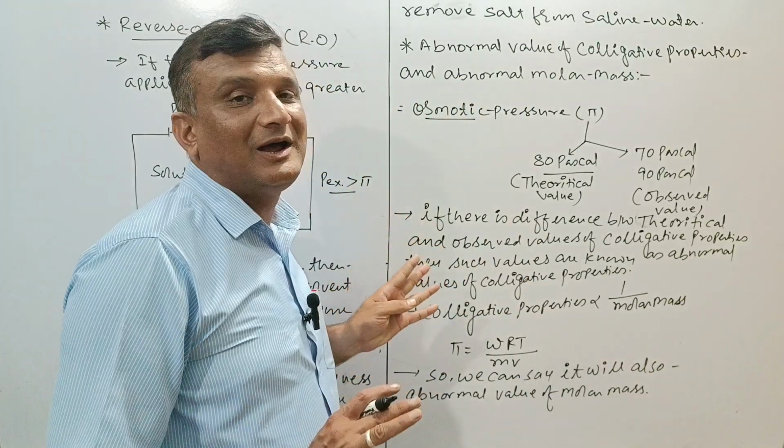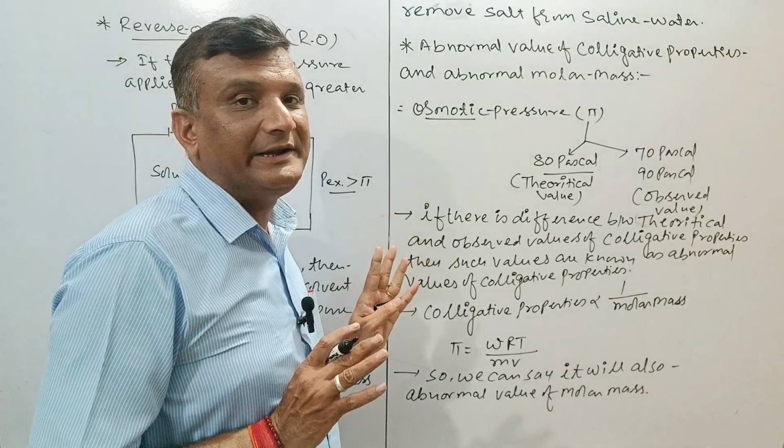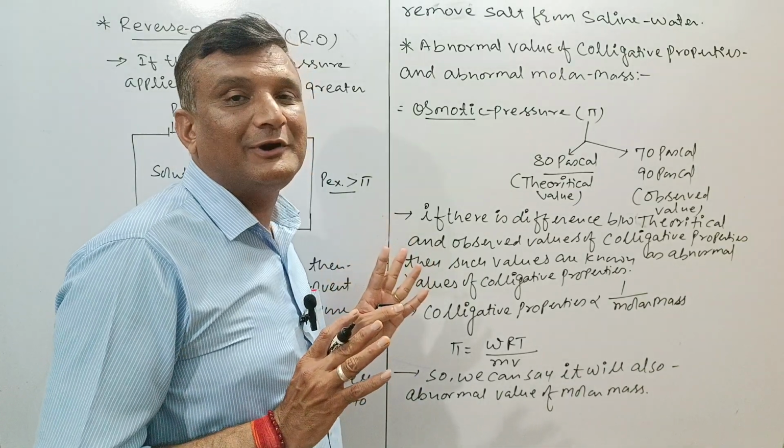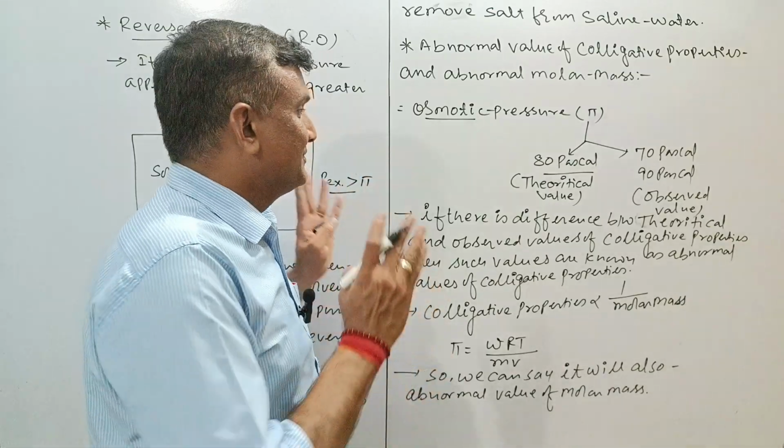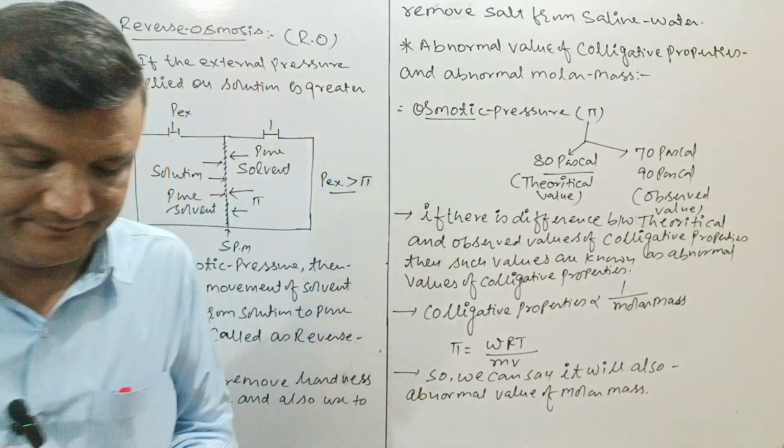Now we'll discuss how there is abnormality in the value of colligative properties or molar mass in the next slide. I'll read the entire matter properly.